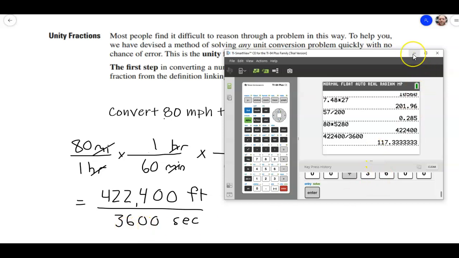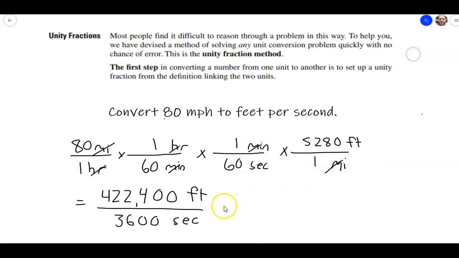So I'm going to round this to 120. So this is going to be 120 feet per 1 second. And that's it. So 80 miles per hour is approximately equal to 120 feet every second.